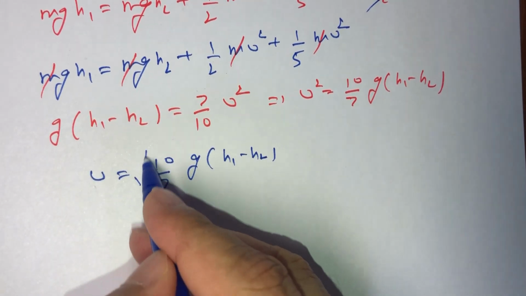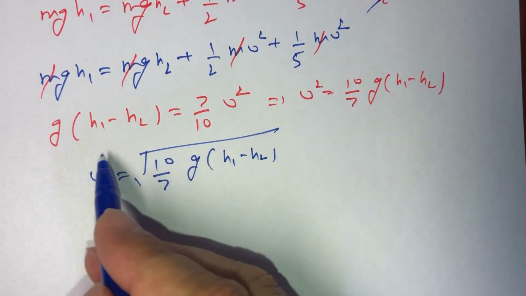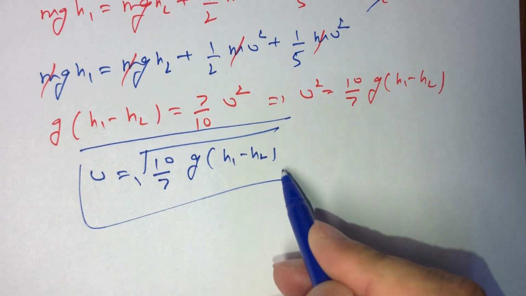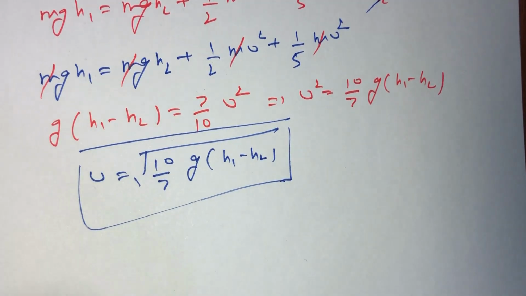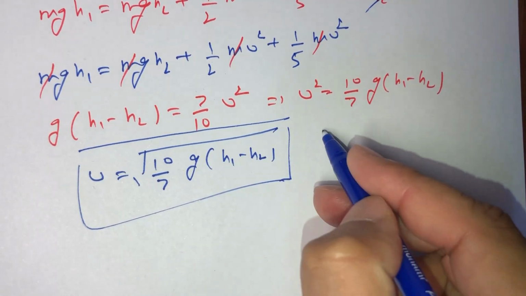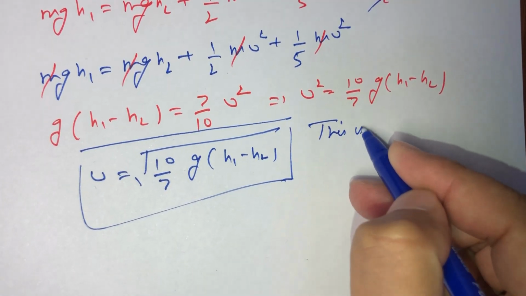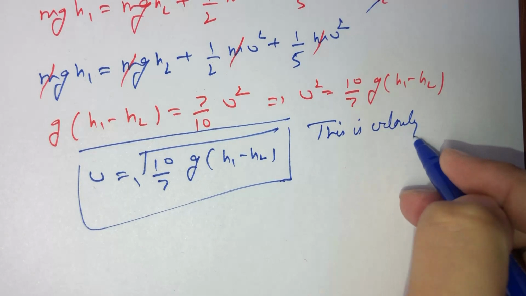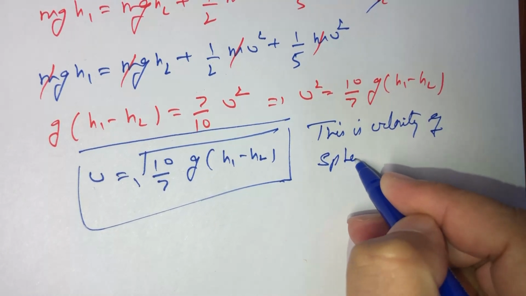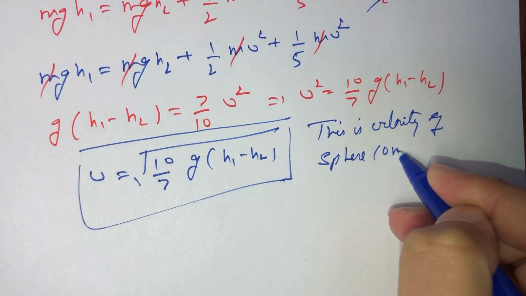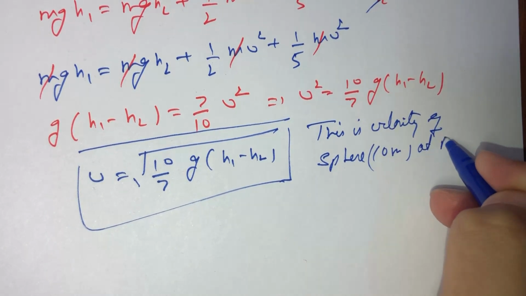Okay, so this is the velocity of the sphere's center of mass at A prime.